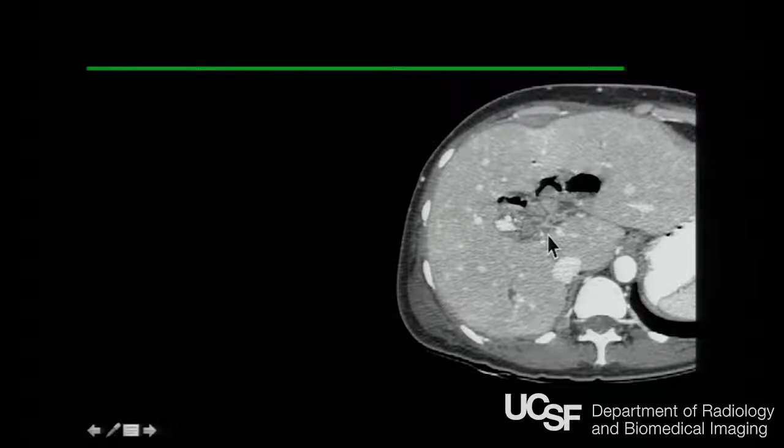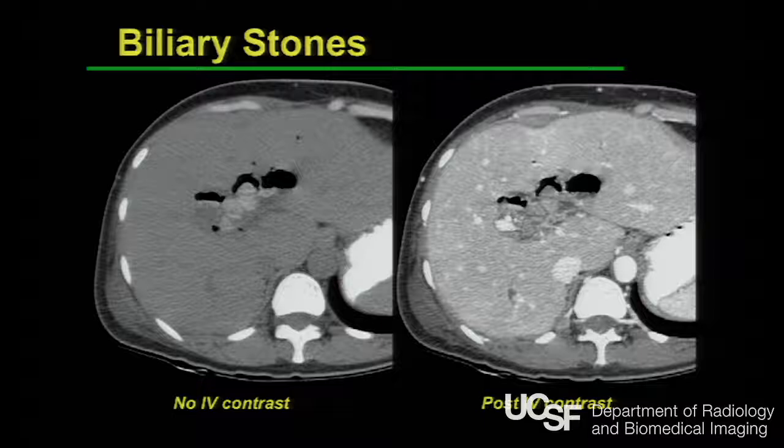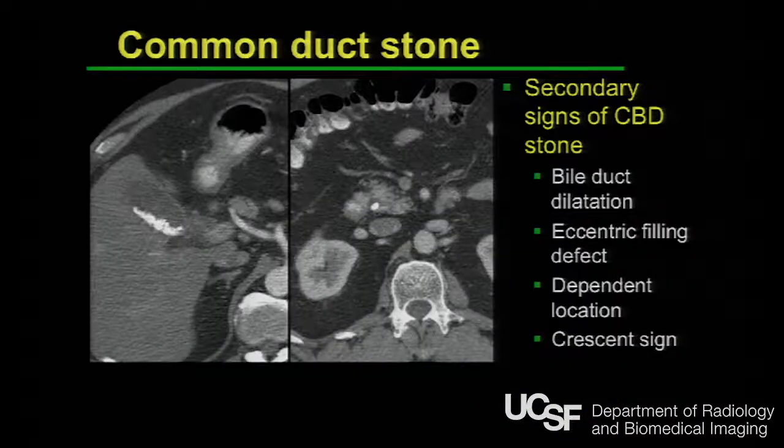They're in the dependent location of the biliary tract, eccentrically located within the biliary tract, and so these look like stones. And we can confirm on a non-contrast exam that there was no enhancement between the non-contrast and the post-contrast examination. These are typical appearances of biliary stones. They can be different colors, they may be lamellated, but in particular, these are the classic findings that we see.